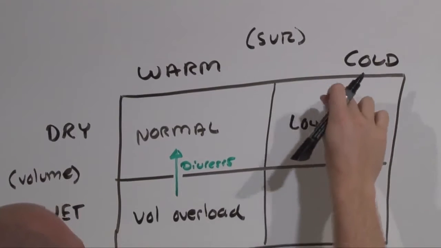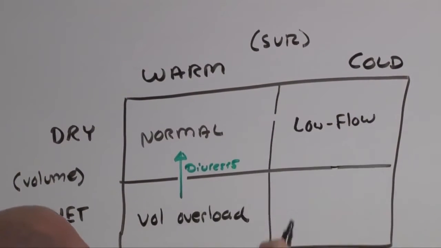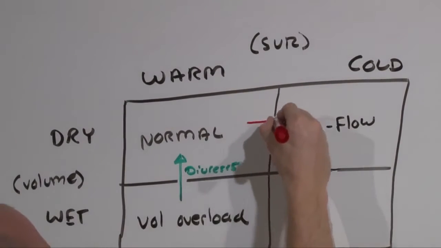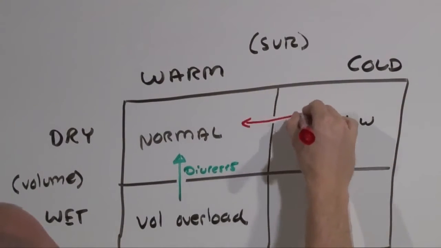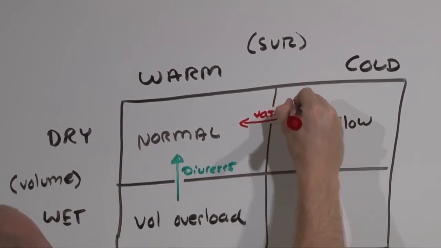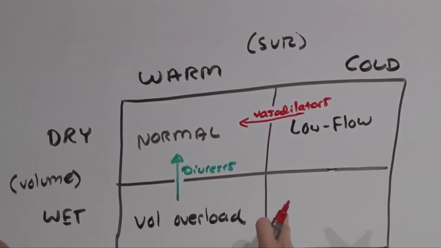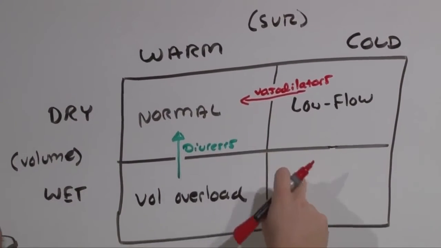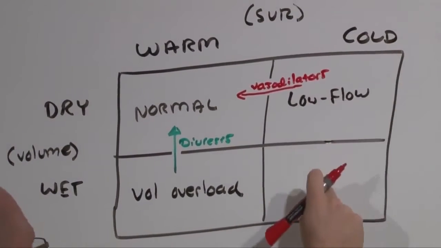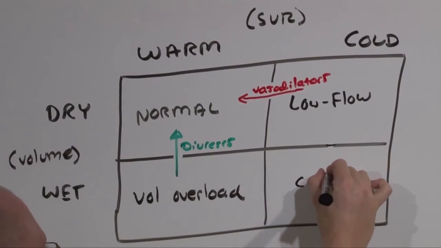To get from cold to warm, you simply need to open up the peripheral vasculature. You do that by reducing afterload using vasodilators. That is the case whether they are warm or dry, because if they are cold and wet, they are in trouble. We call that cardiogenic shock.